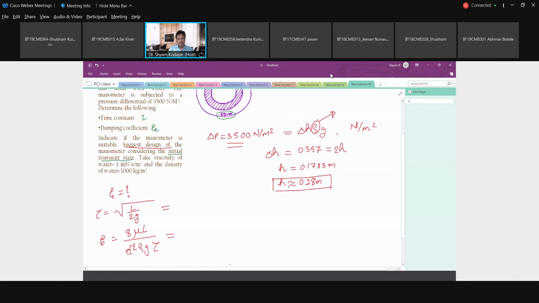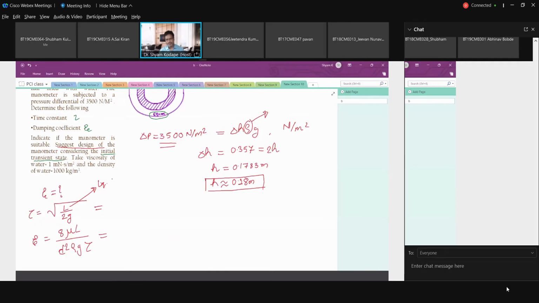Can you please? What will be the tau? Length is known. Okay, this L is liquid length, not the U-tube. बताइए tau क्या आ रहा है और psi क्या आ रहा है? Just tell me.